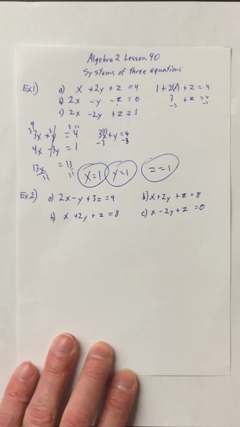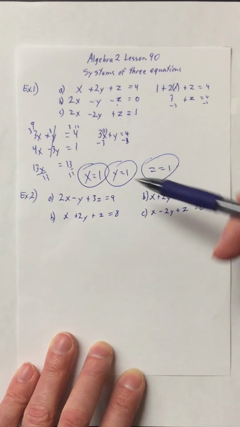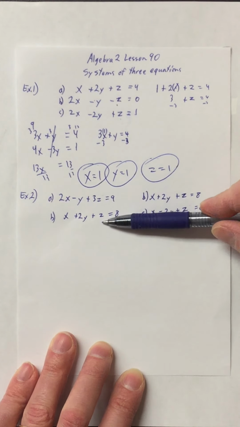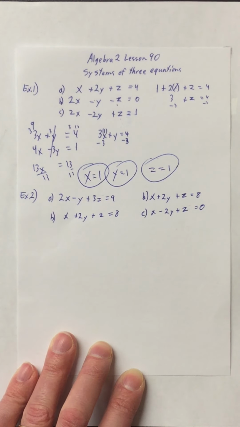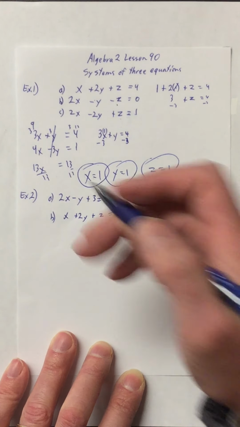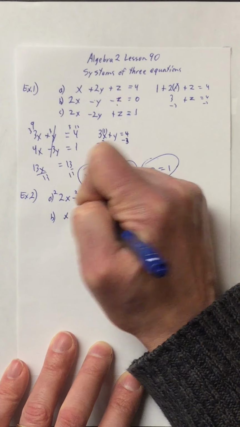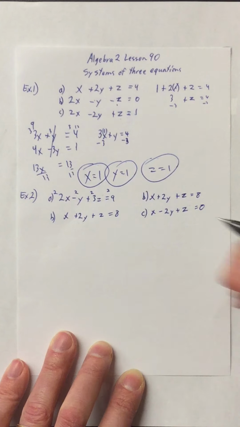All right, I want to look at the second example, and I've already written it out that way. Here are my equations a and b, and looking at this, if I add these, nothing cancels, so I have to change something first. We're going to multiply the top by 2, and then my y's are going to cancel.